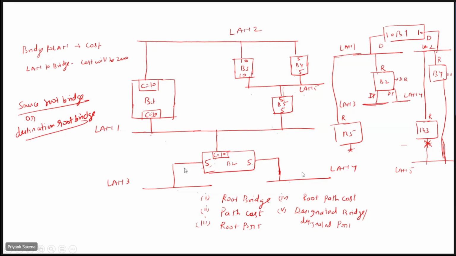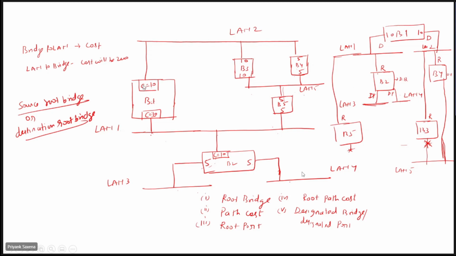So a closed loop does exist. First of all, you can see that there are 4 LANs: LAN 1, LAN 2, LAN 3 and LAN 4. If you are not following, please stop me and ask.